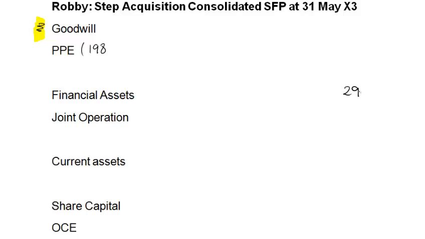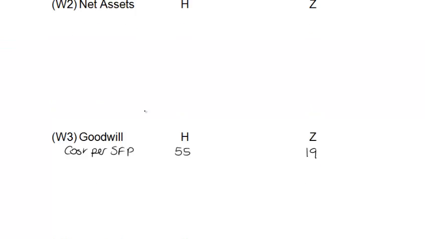The joint operation. A joint operation is not dissimilar to an associate, potentially. I'm going to set up a working for my joint operation. Per the statement of financial position, we've got a figure of 6.